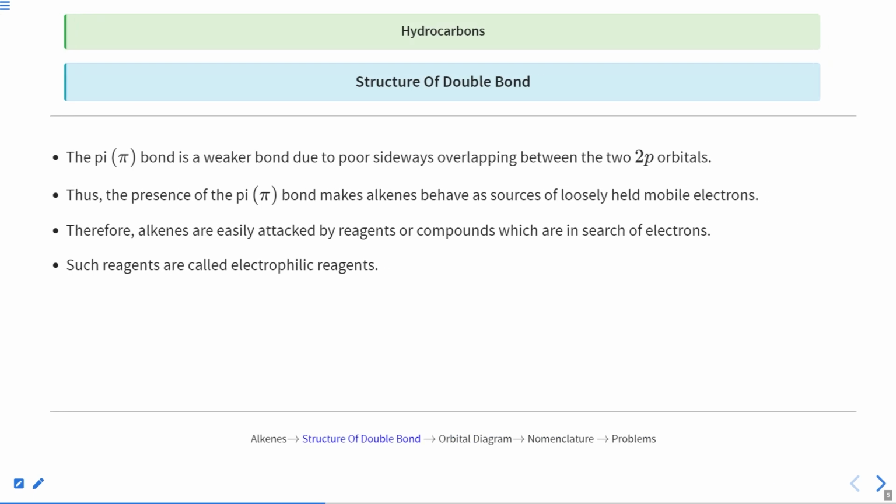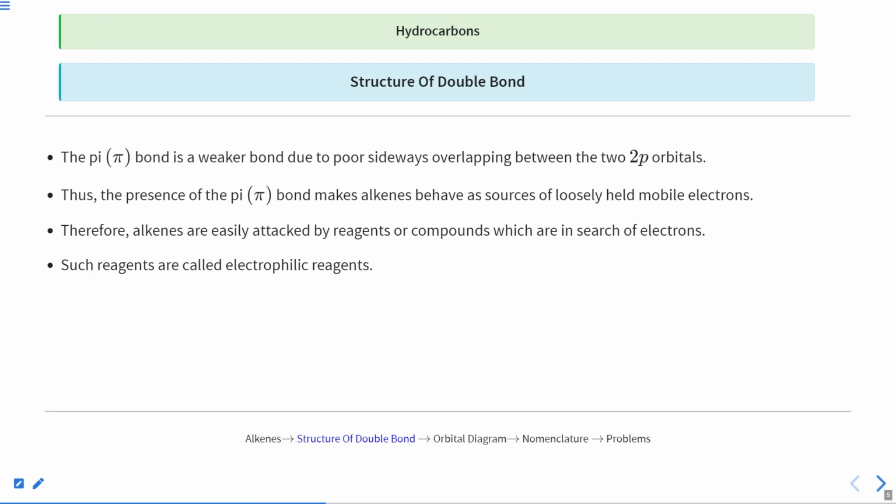Now, the pi bond is weaker, we know that, and it is weaker due to the poor sidewise overlap between the two p orbitals, because that overlap is sidewise and not head-on, and we already know that head-on overlaps are much more efficient as compared to side-on overlaps. Since head-on overlap is more efficient, it results in a stronger bond.